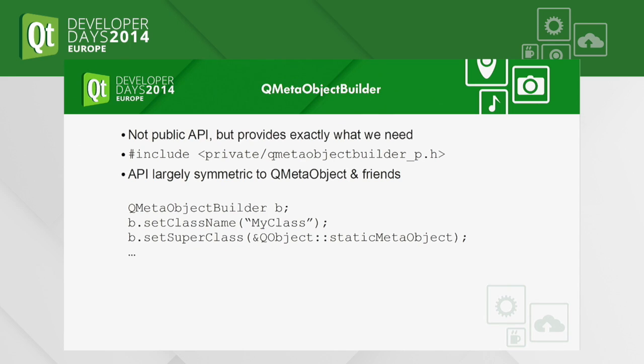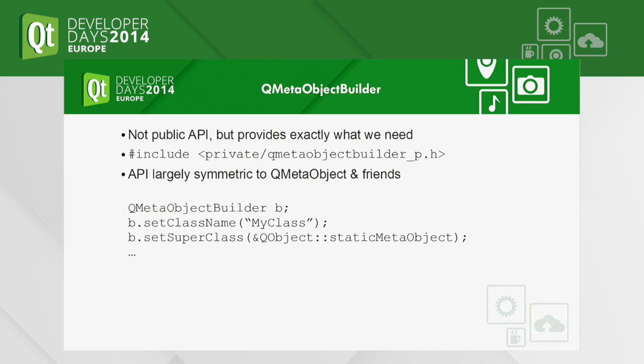So just see the most basic example. We create an instance of the QMetaObjectBuilder, and then we can set a class name, and we can set the base class, just a pointer to a QMetaObject. However, there is probably a reason why it is private API. It doesn't do any sanity checking, like you might expect or you're used to from regular Qt classes.